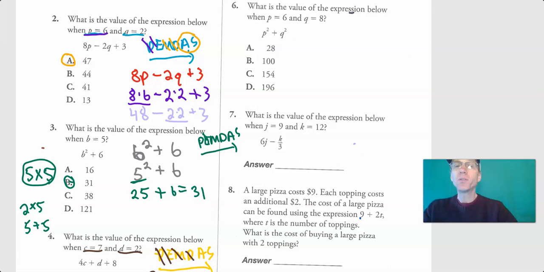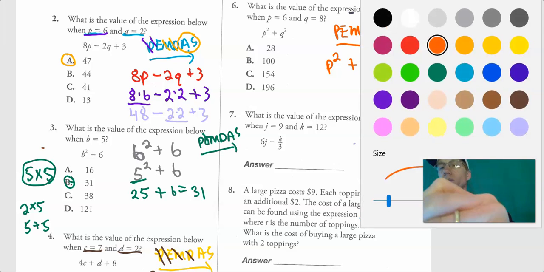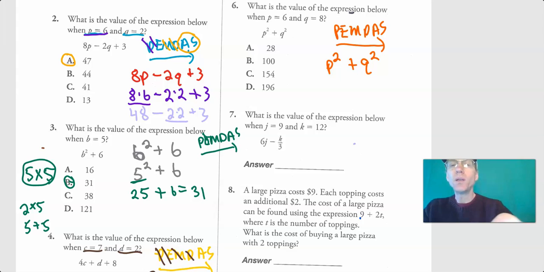What's the value of the expression below when p equals 6 and q equals 8? Let's do our PEMDAS, left to right. So p to the power of 2, or p squared, plus q to the power of 2, or q squared. P equals 6, so that's 6 to the power of 2. Q equals 8, 8 to the power of 2.